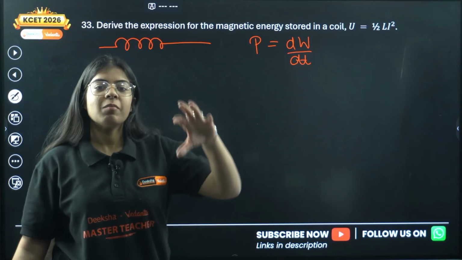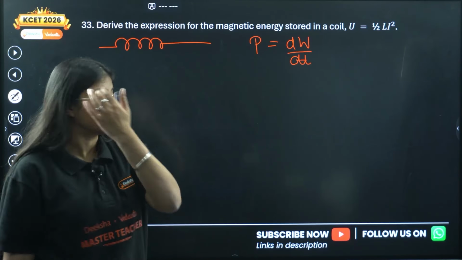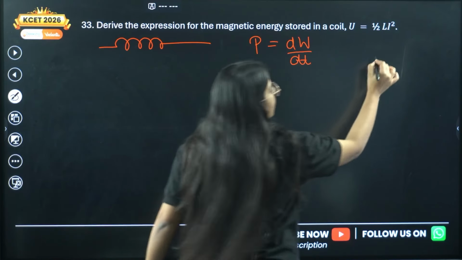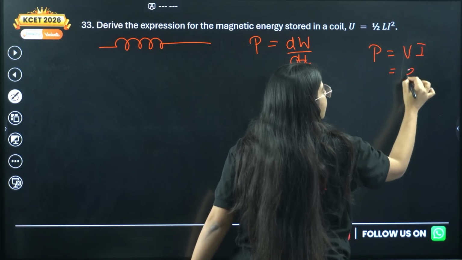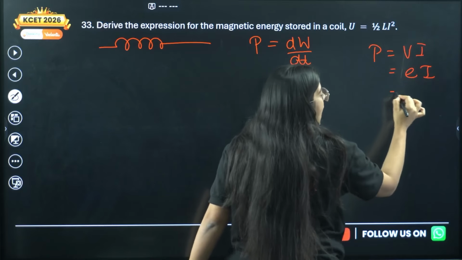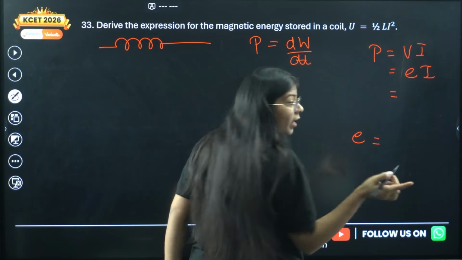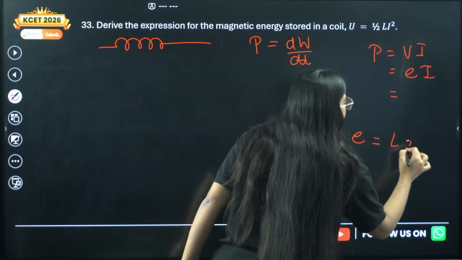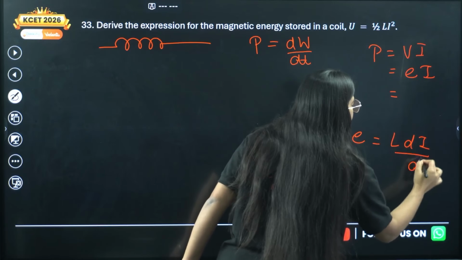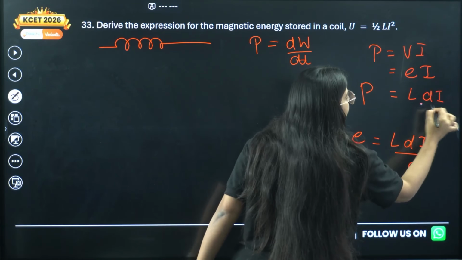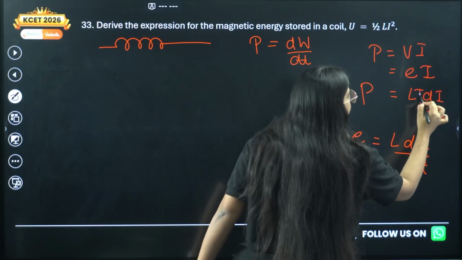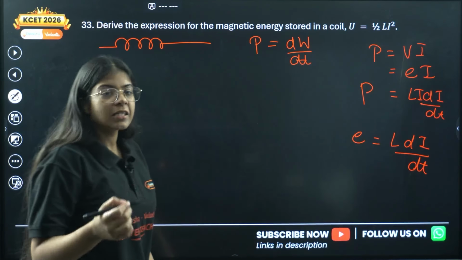Just remember the starting of a derivation. Now P I know is also voltage into current, which I can write as EMF into current, and E for an inductor is L di divided by dt. So power is L di/dt into I. Correct? This is my power.